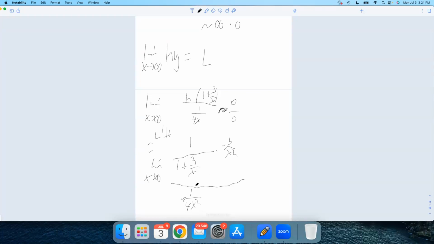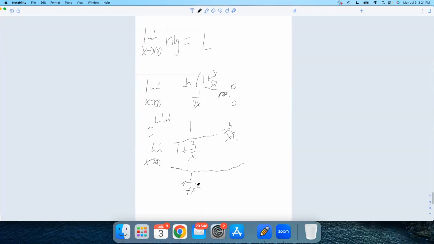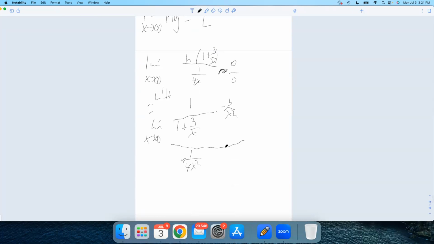All right, now we're going to clean this up. We don't want to just keep taking derivatives because this is only going to get worse. Clean it up. So here, I could multiply top and bottom by x squared. I'm just doing algebra.